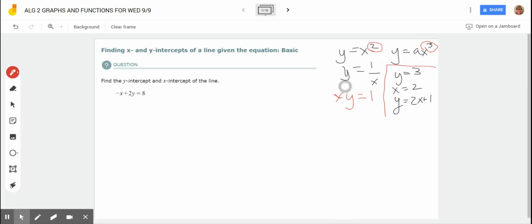Even though they are to the power of 1, they are multiplying each other rather than adding to each other, which is not linear. This is actually a hyperbola. Looks something like this. Lines are to the power of 1, to the power of 1, to the power of 1.